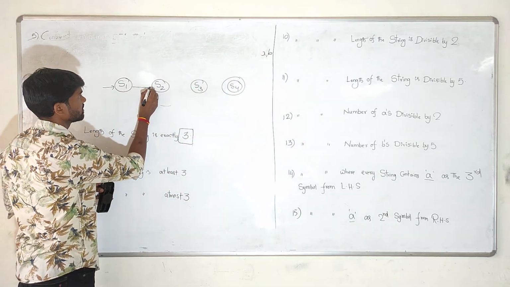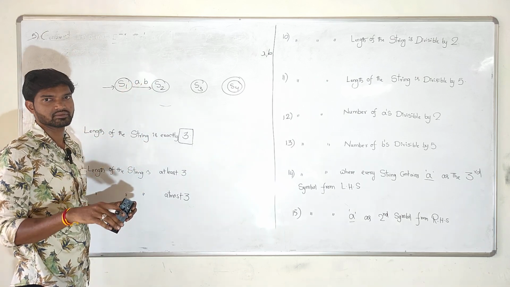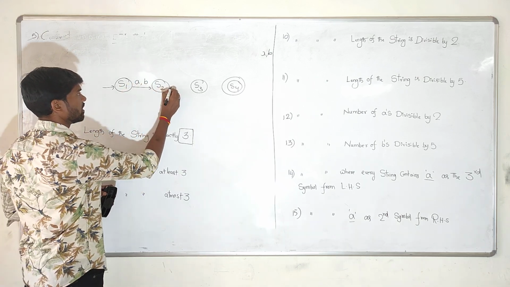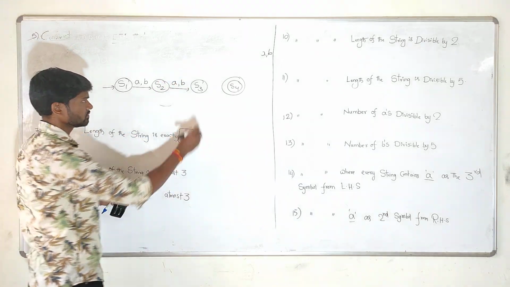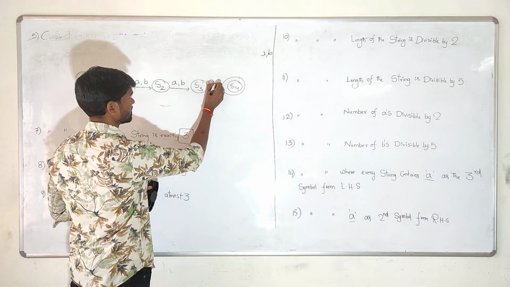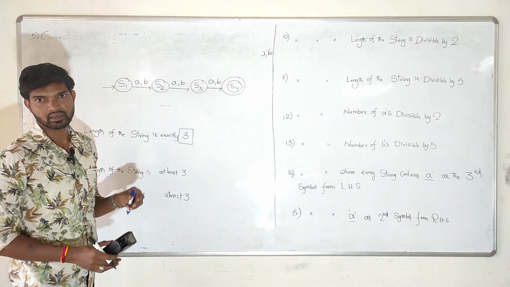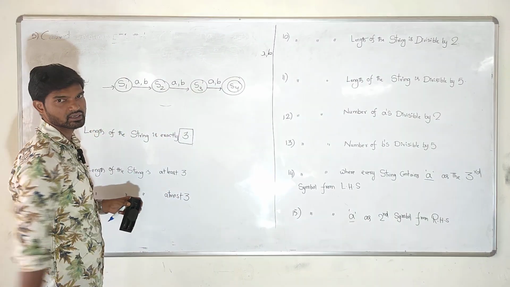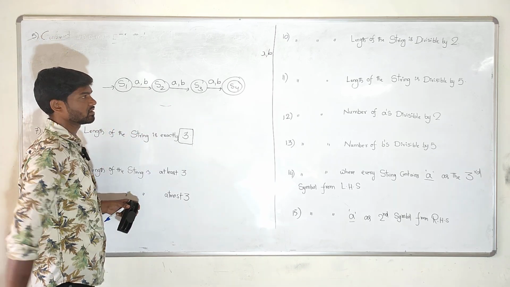And on S1, if I give inputs A comma B, you can give either A or B. On S2, you can give either A or B inputs. Like this, A comma B means a combination of A's and B's. Exactly how much length should the string be? Exactly 3 only.